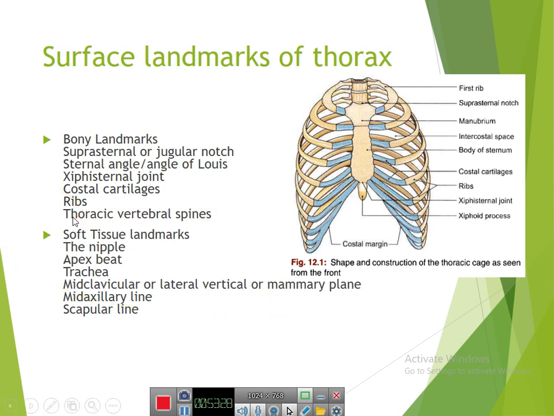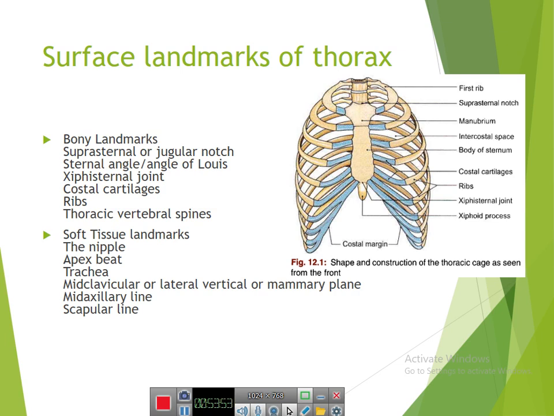The last bony landmark of the thorax is the thoracic vertebral spine. The first prominent spine felt at the lower part of the back of the neck is that of the 7th cervical vertebra, or vertebral prominence.